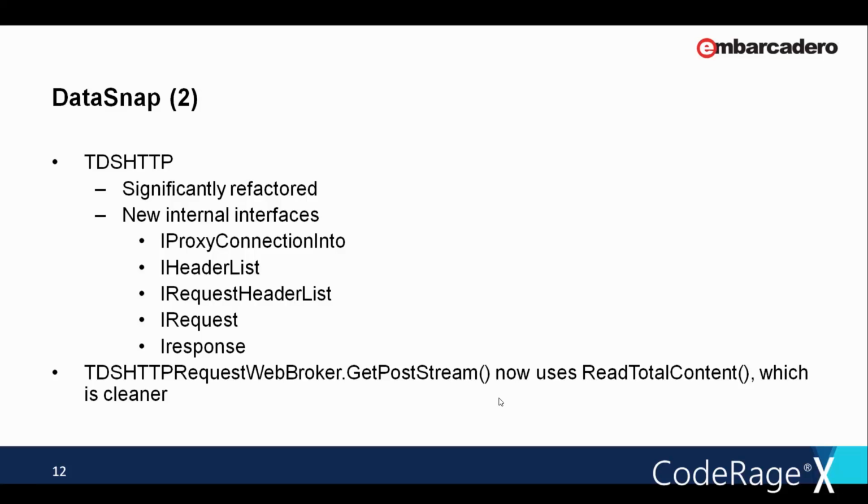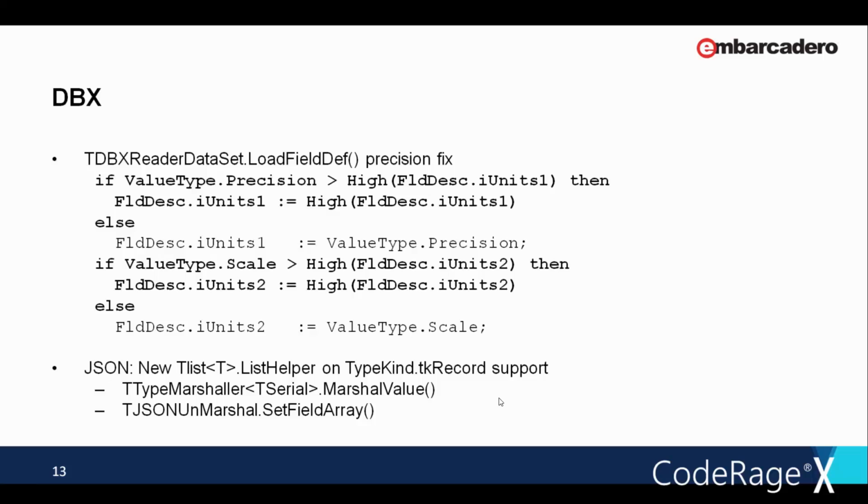I have a typo there, that's info, not into. Header list, request and response. And GetPostStream now takes advantage of ReadTotalContent, which was a new HTTP method that's available. So that code is a lot cleaner than it was before.